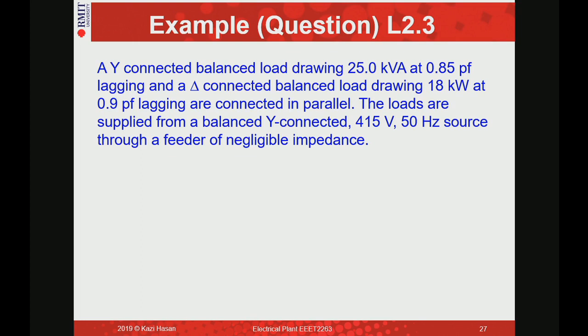So the problem here is almost the same as we have solved before. Y connected load, delta connected load, and this combination is supplied from a Y connected source. Calculate the source current.